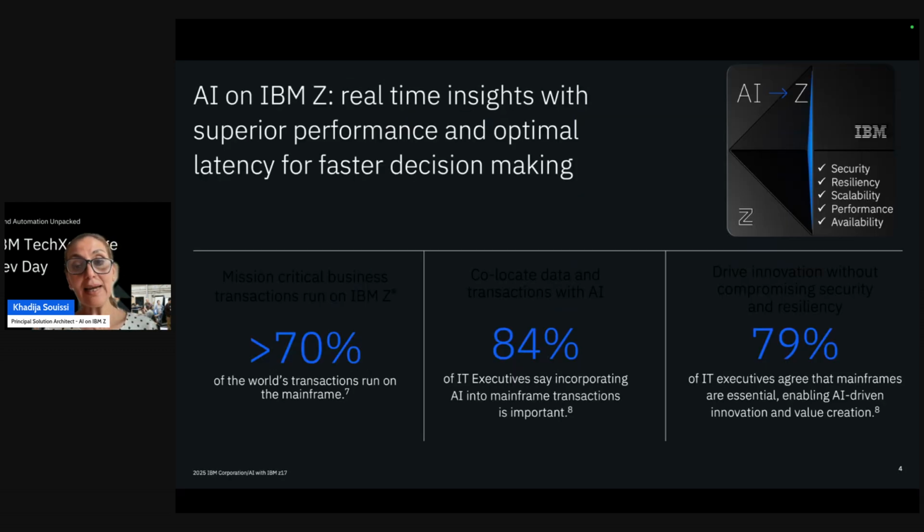Looking at why we are applying AI on IBM Z and LinuxONE at all, I mentioned earlier that more than 70% of the world's transactions run on the mainframe. This means a lot of data is generated on that platform that Google, or assistants available on the internet, would not really know about.